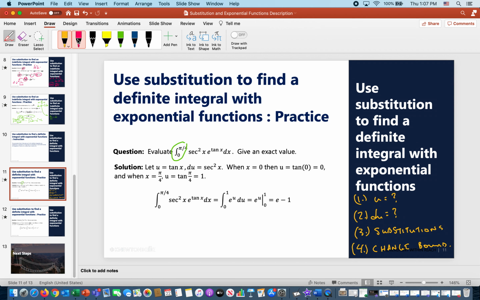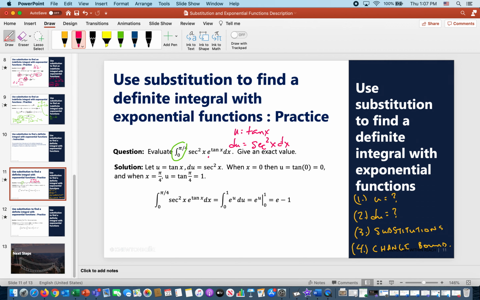So the question then becomes, well, what on earth is u going to equal? Because all I see is a bunch of letters, and it's almost like somebody's writing a book and I just can't read it. Well, remember that u is going to equal the exponent for e. So u here is equal to the tangent of x, which makes du equal to secant squared x dx.